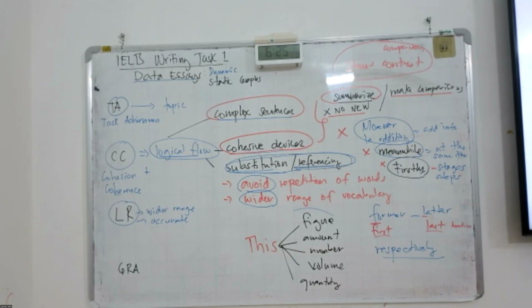Okay, so now let's go to the third one, which is lexical resource. The third criteria that we have to check is how to get a higher band for lexical resource. So let me show you the screen.